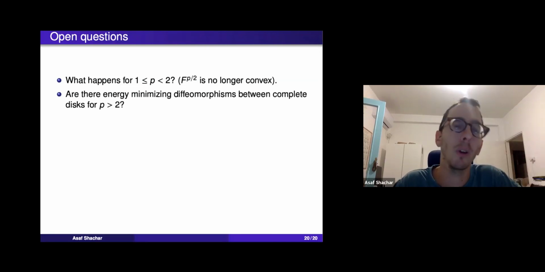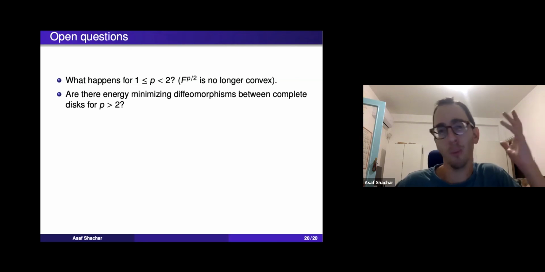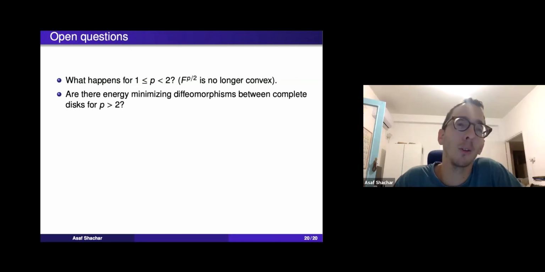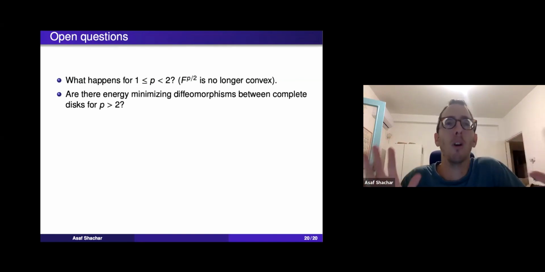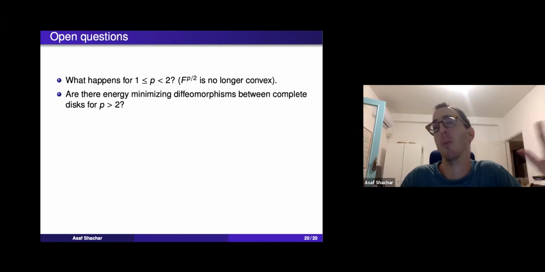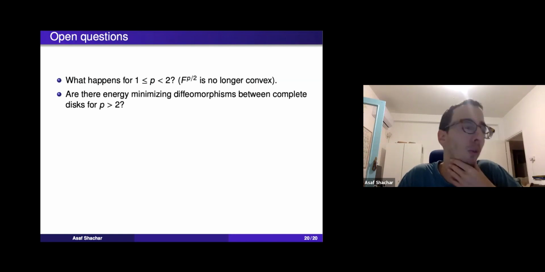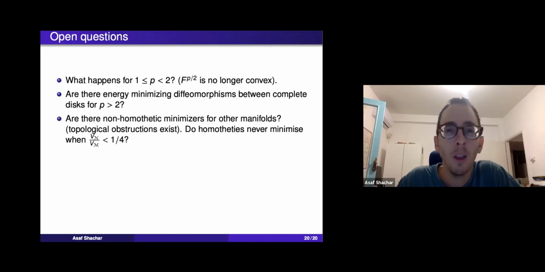So things get a bit trickier and, in some sense, even more interesting. Another funny question is that I still don't know if there are energy minimizing diffeomorphisms between complete disks for p strictly greater than 2. I'll remind you that this is equivalent to asking: take the complete disk, is there an area preserving diffeomorphism having fixed constant singular values sigma 1, sigma 2, which does not have any singularity? I don't know.